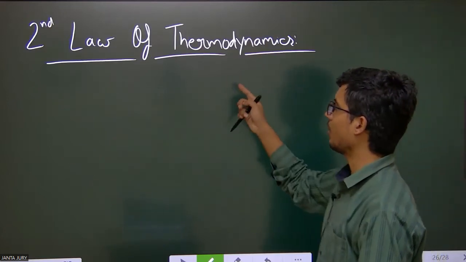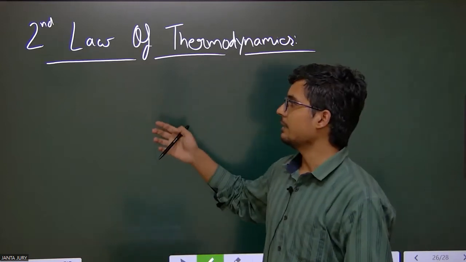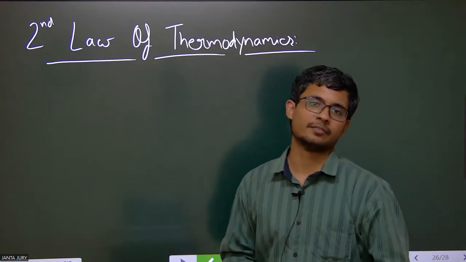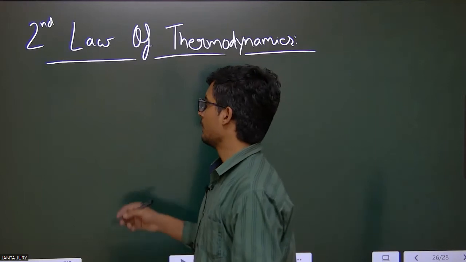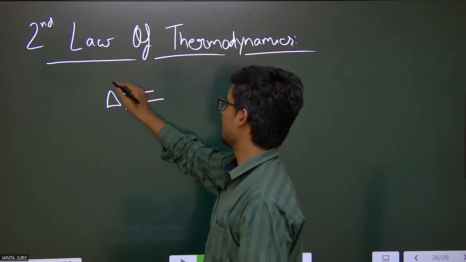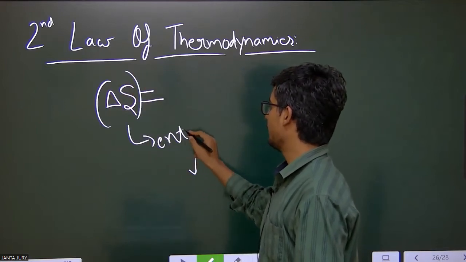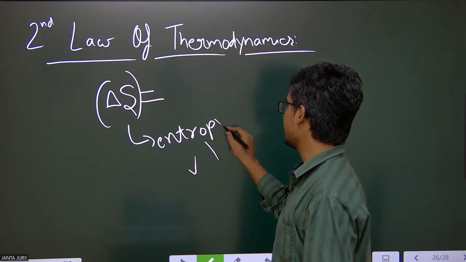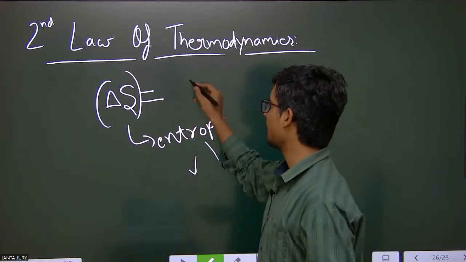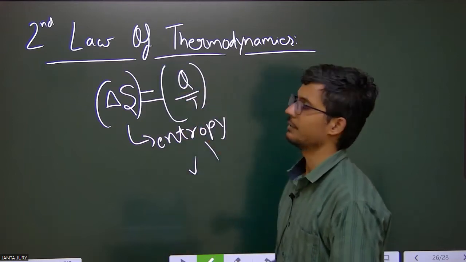Now we come to the second law of thermodynamics. The second law states that energy at a higher temperature has higher significance. It gives rise to a concept named entropy, which says that energy at the higher temperature has higher significance than the heat energy at the lower temperature.